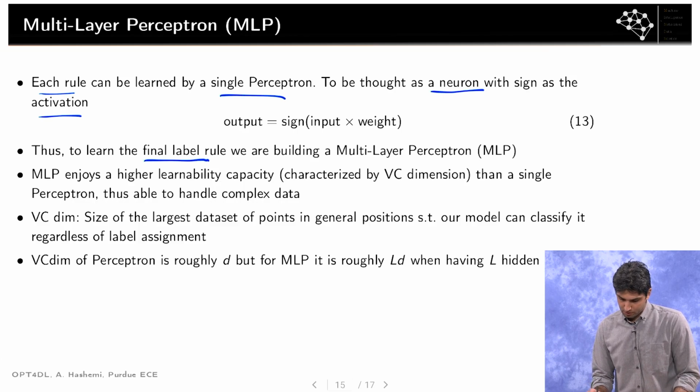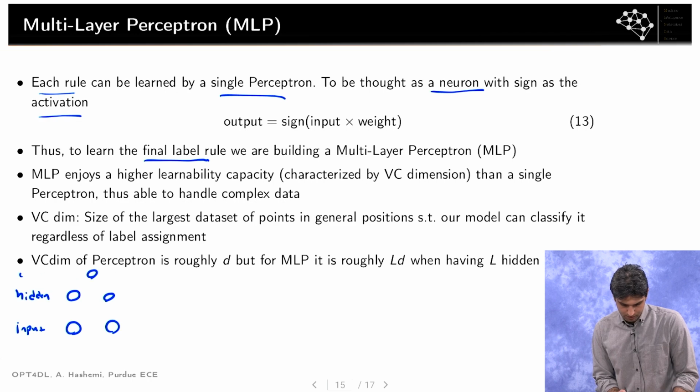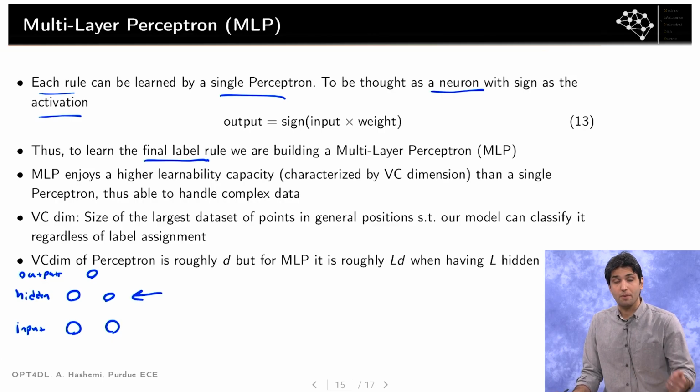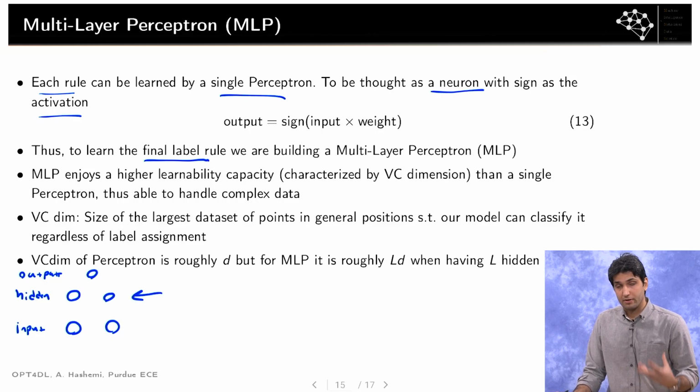Okay. So in particular, we have an input layer here, and then we have a hidden layer, and then finally we have an output layer. So this layer is actually new compared to our representation of linear regression and softmax classifier.